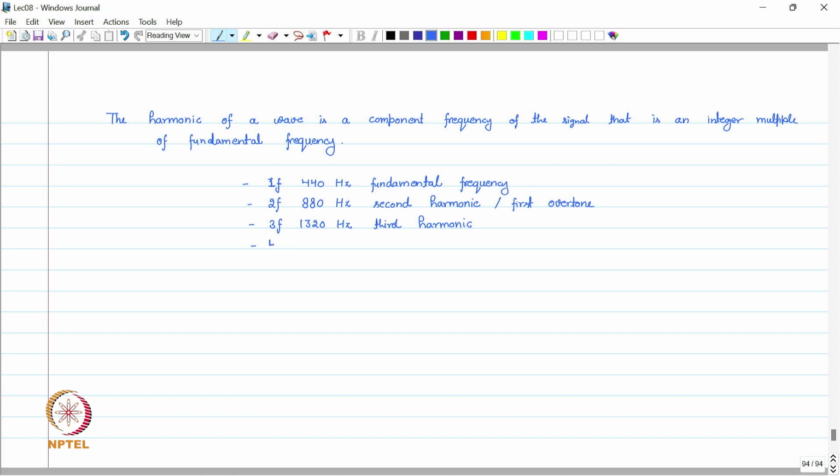And the fourth harmonic, or 4f, is 1760 hertz.